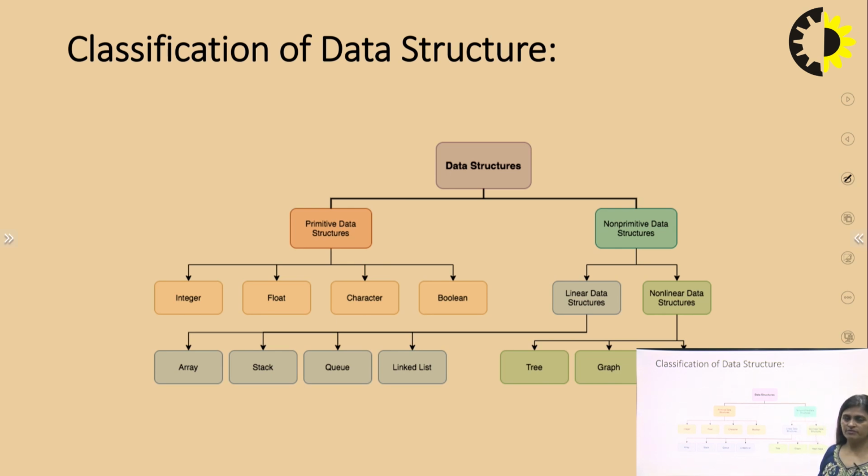A non-primitive data structure is categorized into two: linear data structure and non-linear data structure. Examples of linear data structures are array, stack, queue, linked list, etc. And the non-linear data structures are tree, graph, hash table, etc.